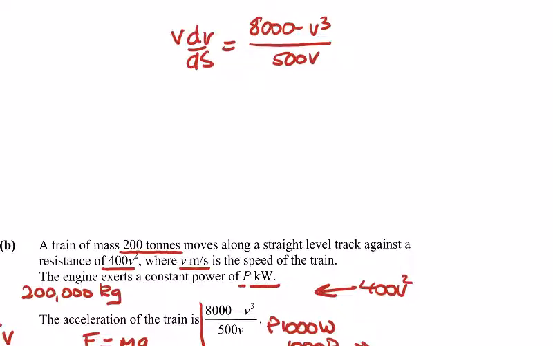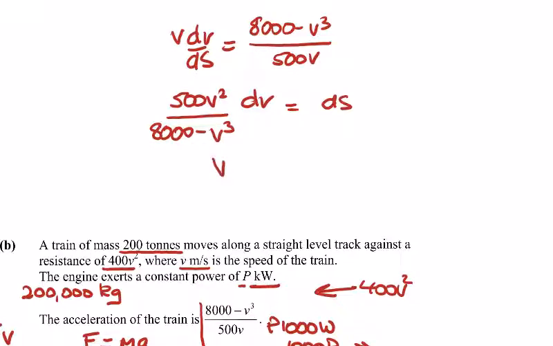So if I multiply by ds and 500 V, I'll get 500 V squared dv divided by 8,000 minus V cubed is equal to ds. Maybe divide by 500 and just leave the V squared on top: V squared dv over 8,000 minus V cubed is equal to 1 over 500 ds. This is another one of these substitution questions.